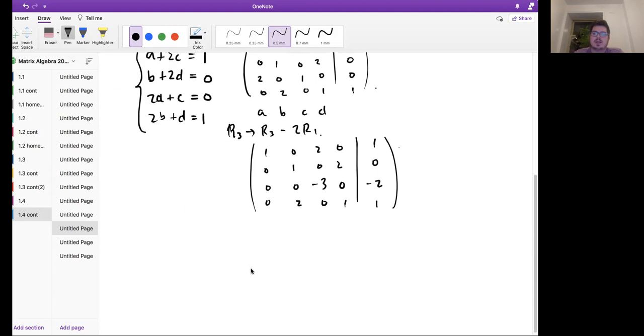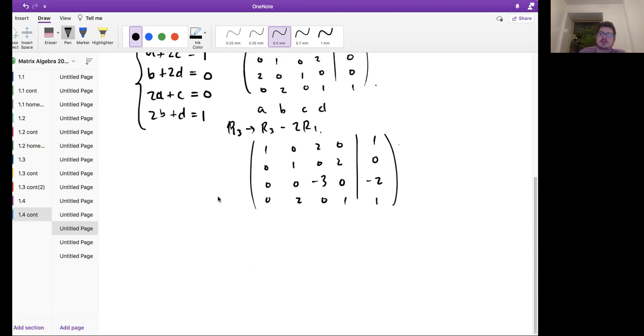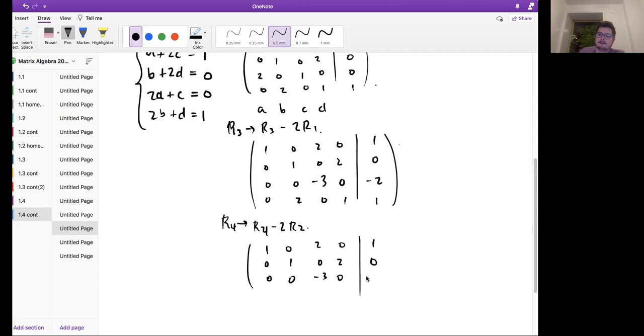All right, cool. So what would the next step be? Row 4, right? Row 4 minus 2 row 2. All right, and then this is -3.